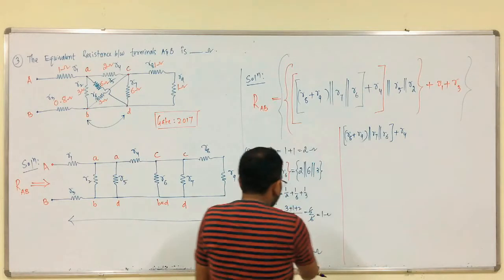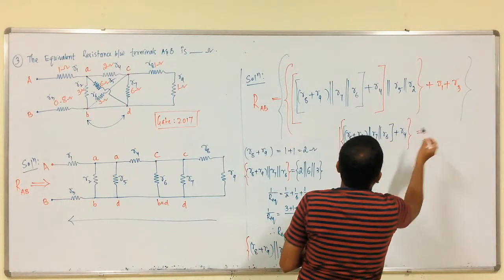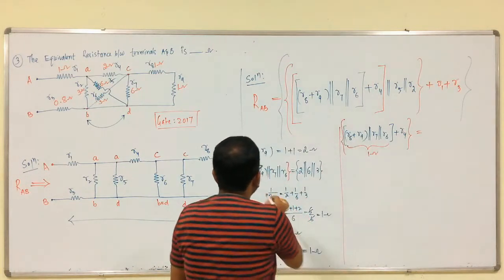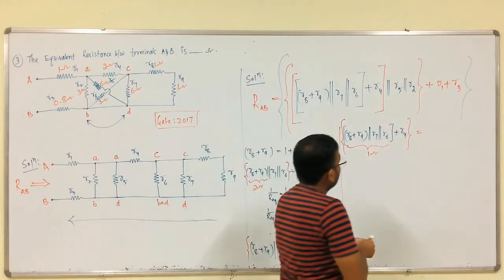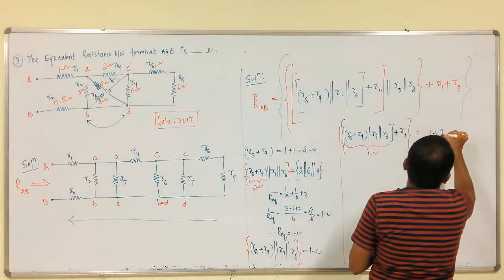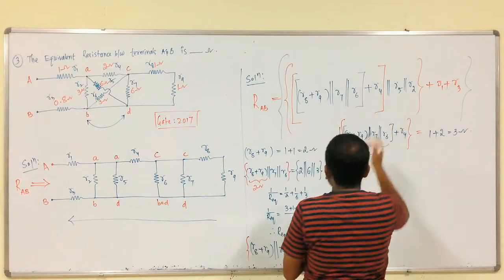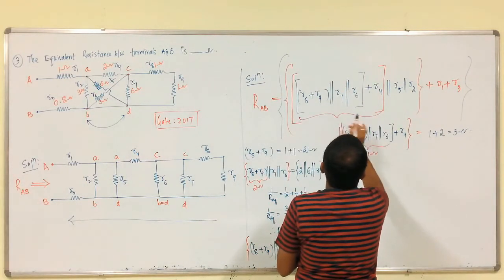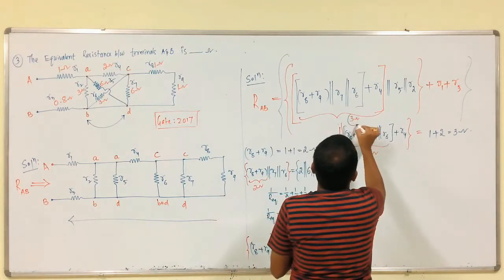So, up to this part 1 ohm, and this is 2 ohm. So, 1 plus, what is the value of R 4? 2, which is equals to 3 ohms. So, up to this the answer is 3 ohms, right? The answer is 3.